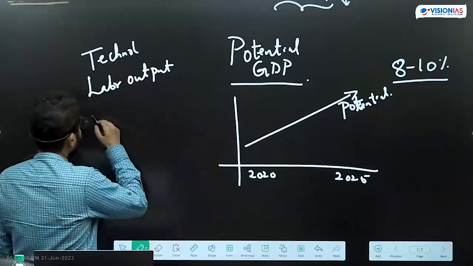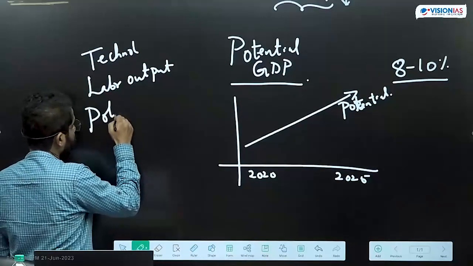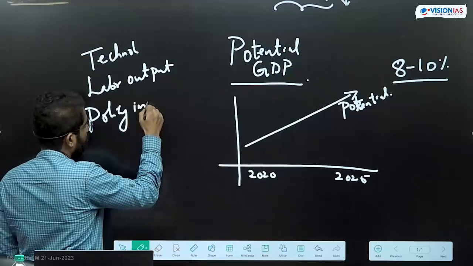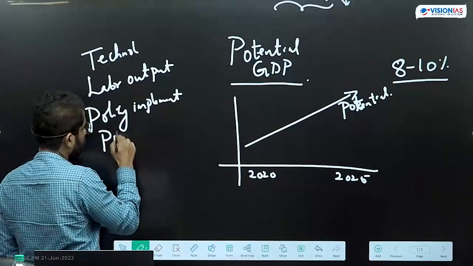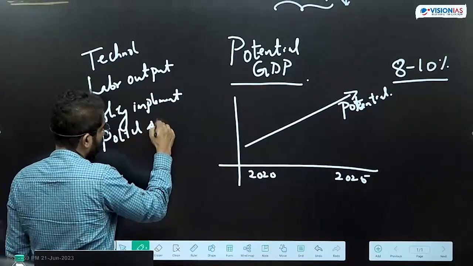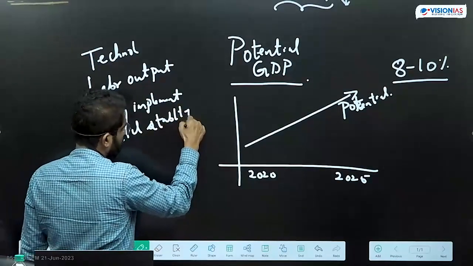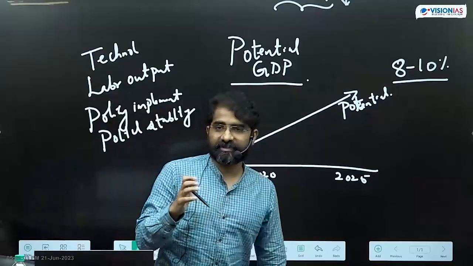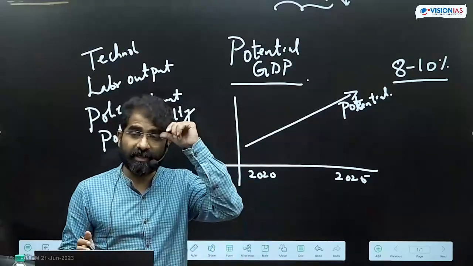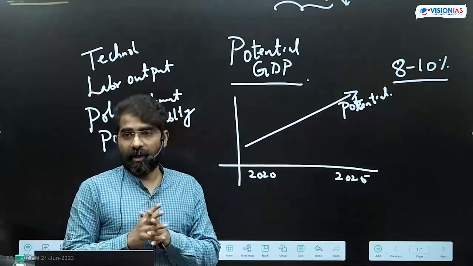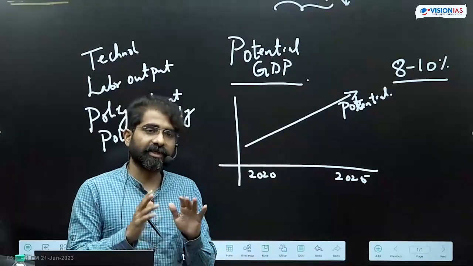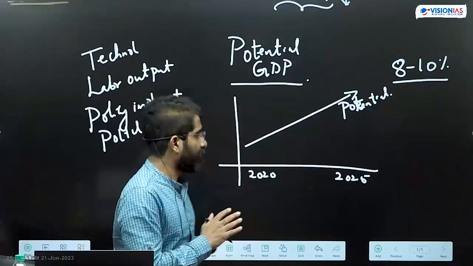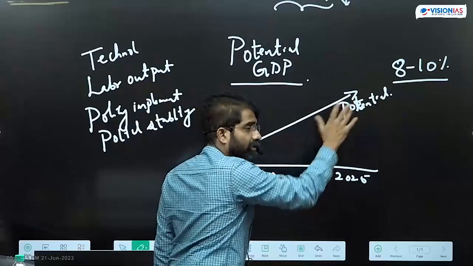And then better policy implementation, along with political stability. Without proper political stability, that will also have an impact on potential GDP. If you have safe countries with better political stability, then automatically investors will invest in such countries. Investments will easily move in such countries and automatically your potential GDP will be at a higher level.